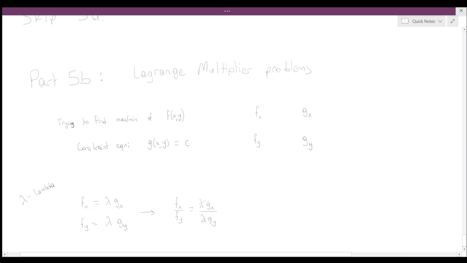So then actually it doesn't really matter too much for us. And then usually what you want to do after you get to this point is cross multiply. So then we do fx times gy equal to fy times gx. Okay. And so for you guys, you don't really need to worry too much about all of this.